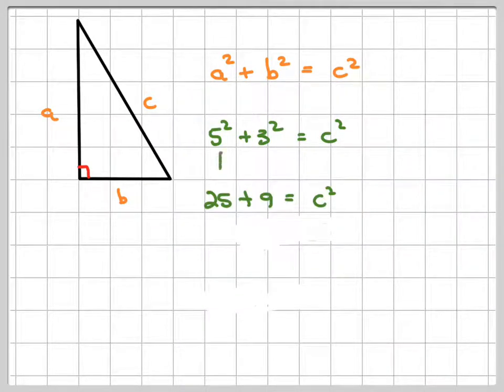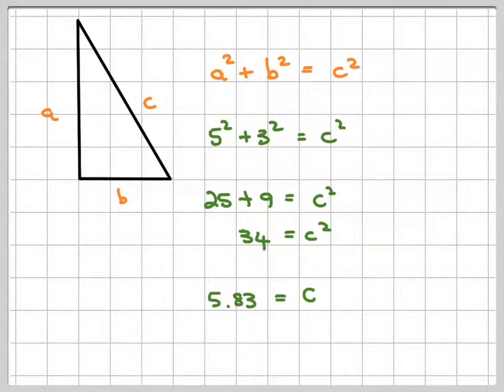So it's 25 plus 9, okay, is equal to C squared, not normal C, C squared. 25 plus 9 is 34. So we had to first square root over there to get 34 to 5.83 and to get C to be C on its own.